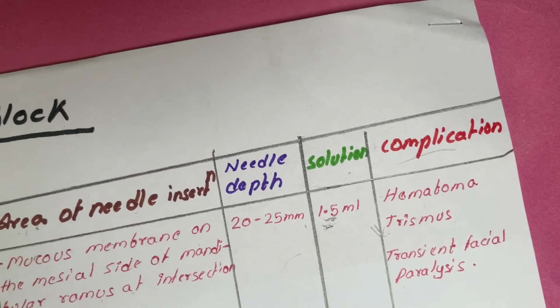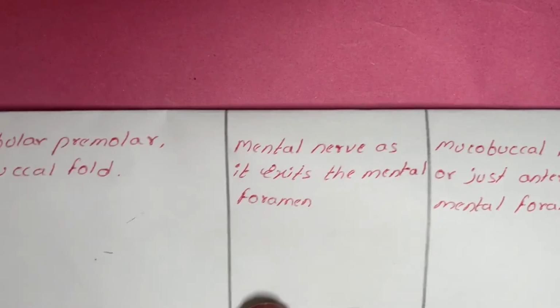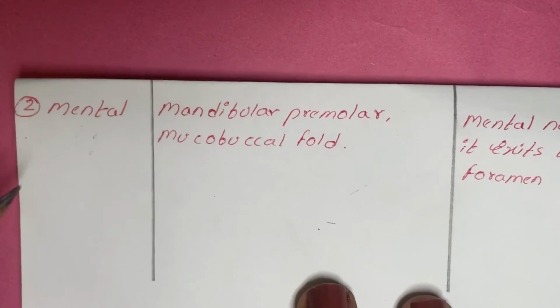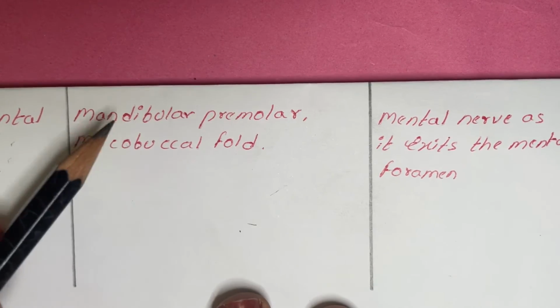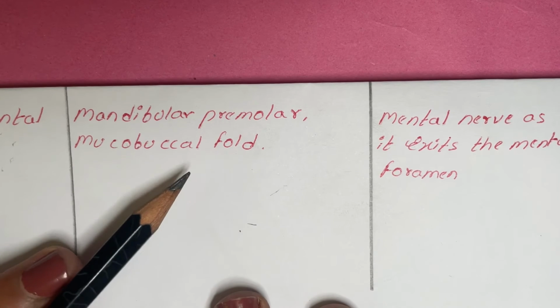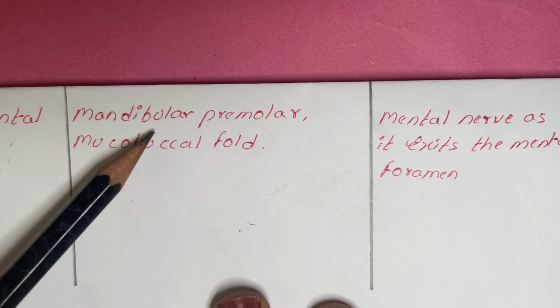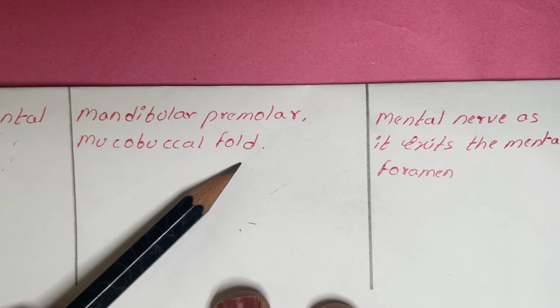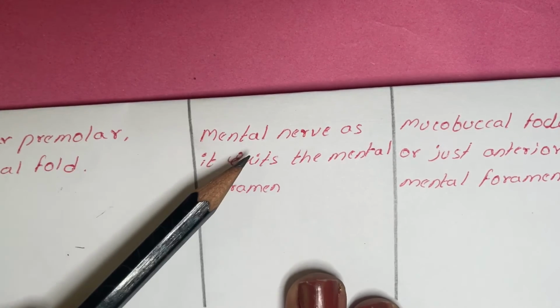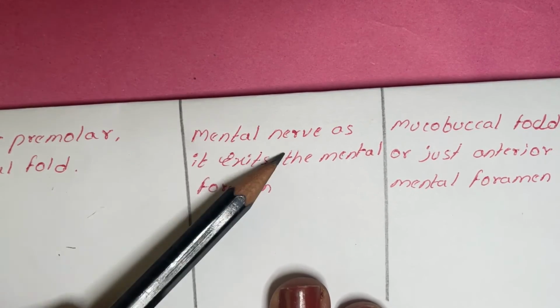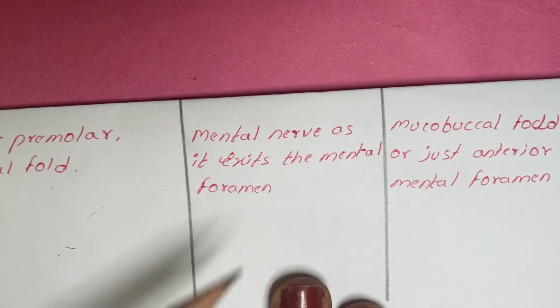Now let us discuss the mental nerve. In mental nerve block, the landmarks consist of the mandibular premolar and mucobuccal fold. As we know, the mental nerve block doesn't anesthetize any tooth, but it is used to block the soft tissue of the mandible. The target area is the mental nerve as it exits the mental foramen.